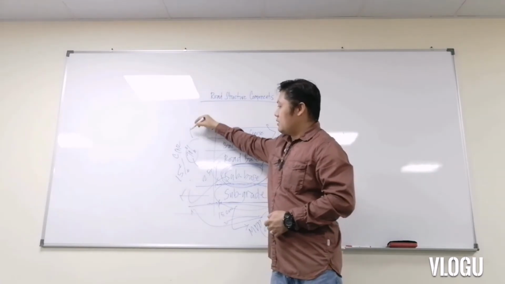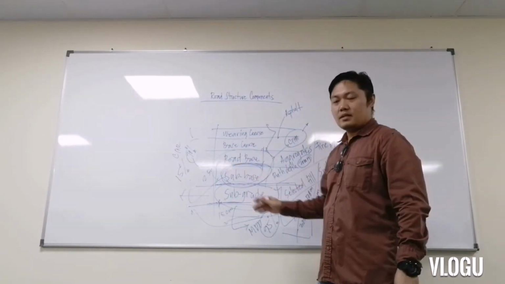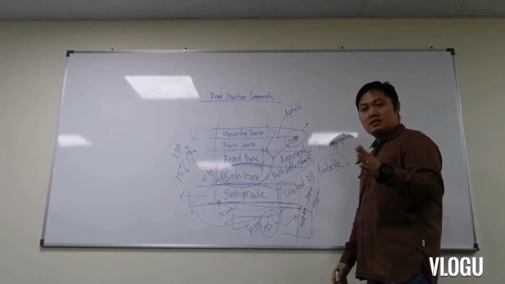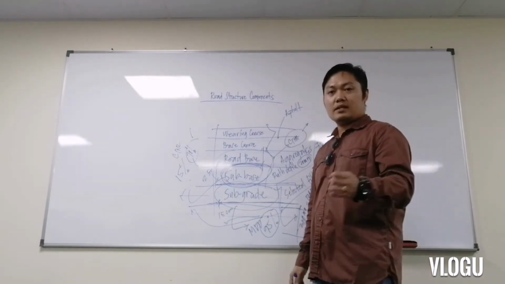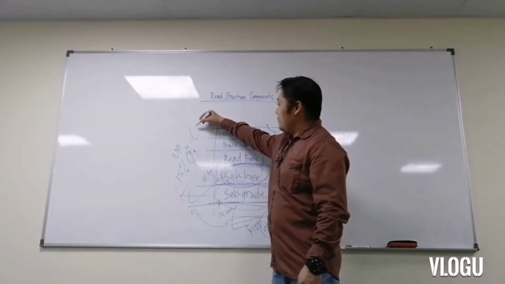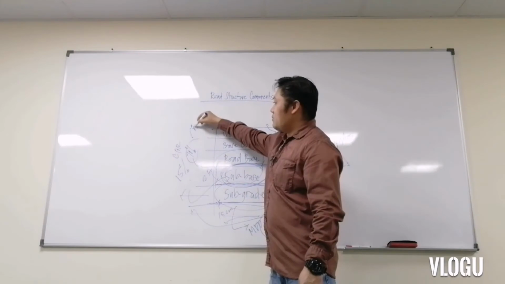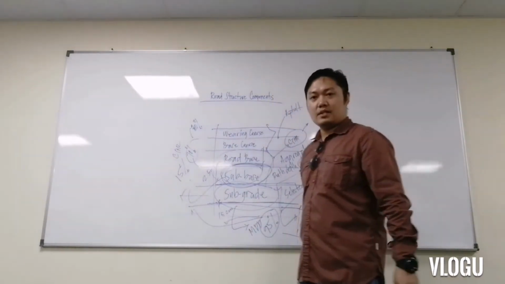But on the road base, the percentage value for the California bearing ratio is now a minimum of 80%.